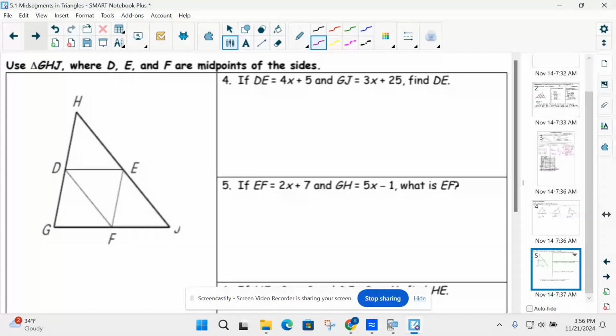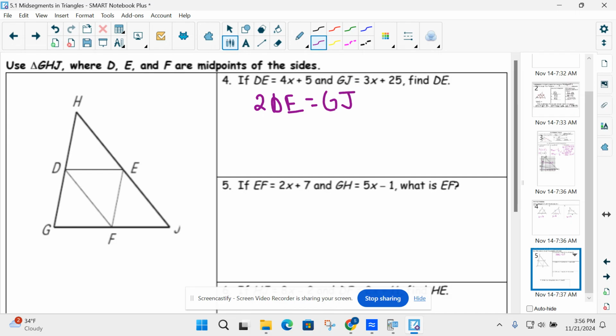These questions are all related to this triangle. It says if DE is 4x plus 5, and GJ, the entire side, is 3x plus 25, then find DE. For this question, you would take 2 times the length of DE and set that equal to GJ.